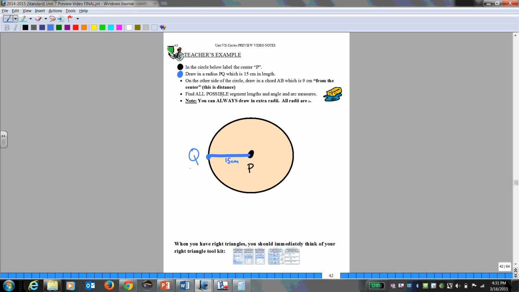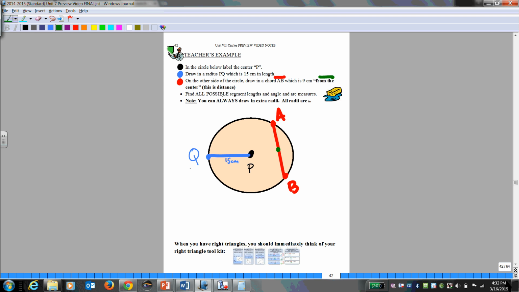On the other side of the circle, draw in a chord AB, which is 9 centimeters from the center of the circle. Now that's the tricky one. We have AB here, and it is 9 centimeters from the center.